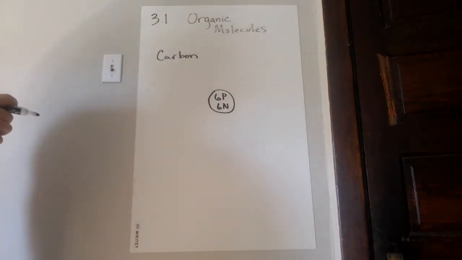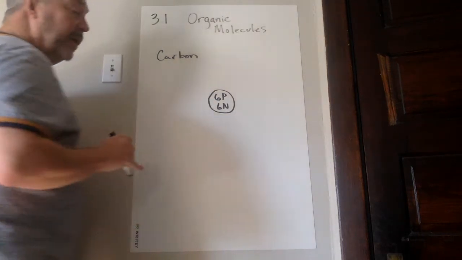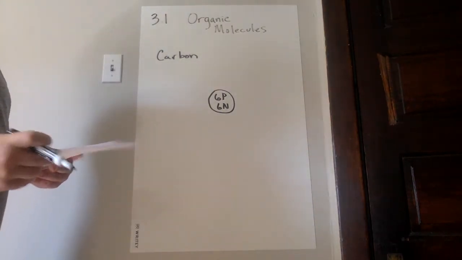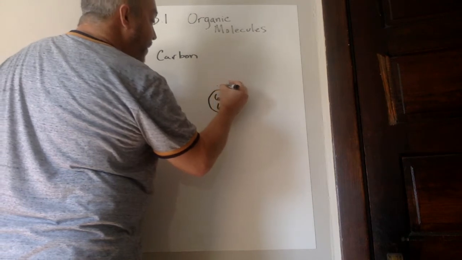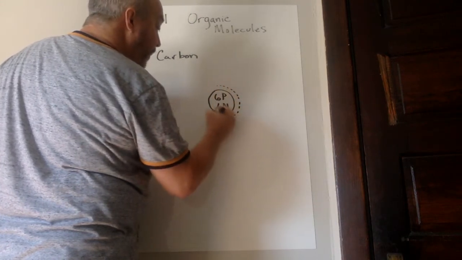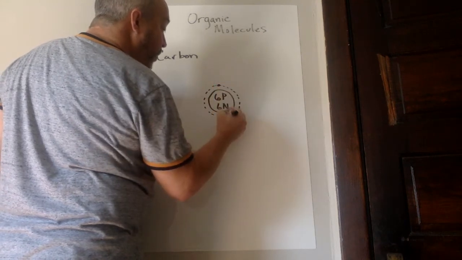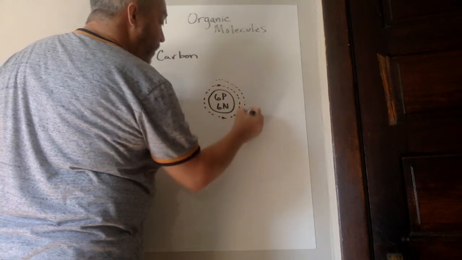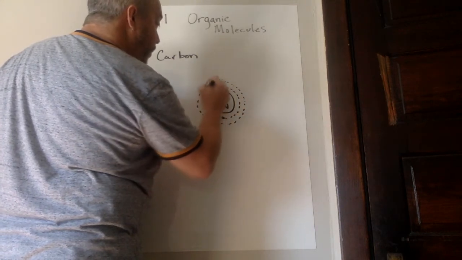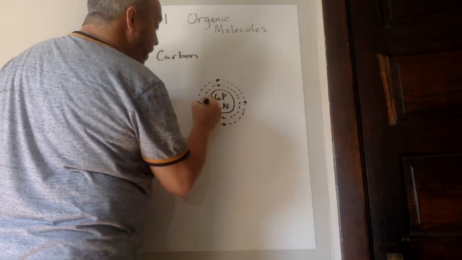So if you look it up on the periodic table, it has an atomic mass of 12, so therefore it also has 6 neutrons, because 6 plus 6 gives us our 12, the mass of the atom. If it has 6 positives, then it's also going to have 6 negative charges. So if we draw our carbon atom, we'll have 2 electrons in that first shell, and then you will have the remaining 4 in the outer shell.